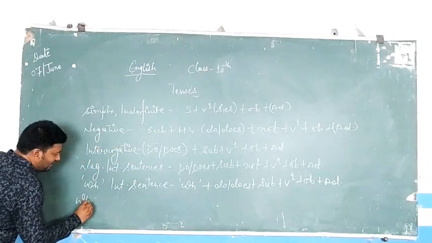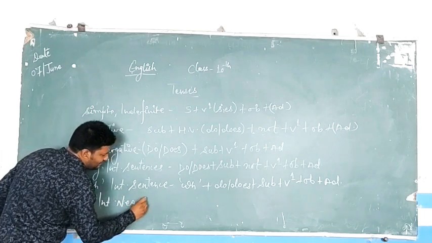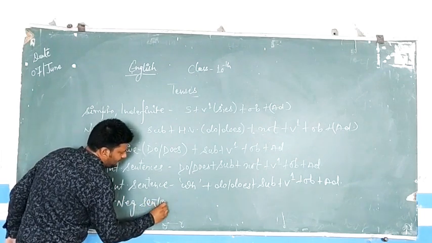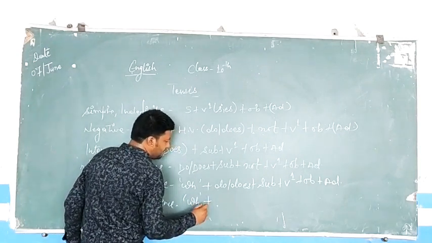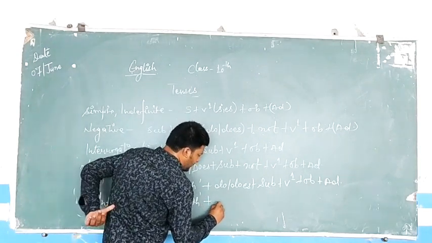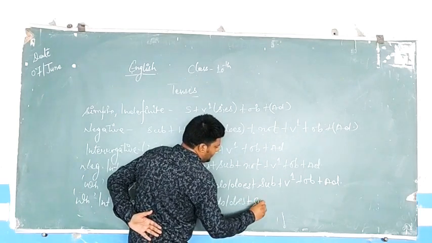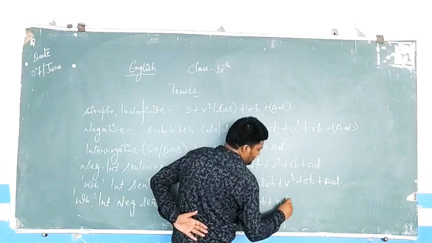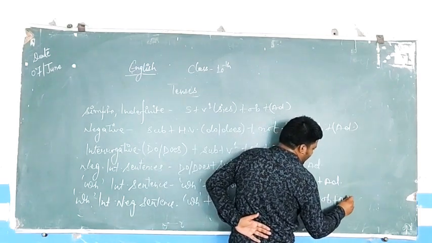Then the WH word interrogative negative sentence, which is WH word plus do or does plus subject plus not plus verb first form plus object plus adverb.